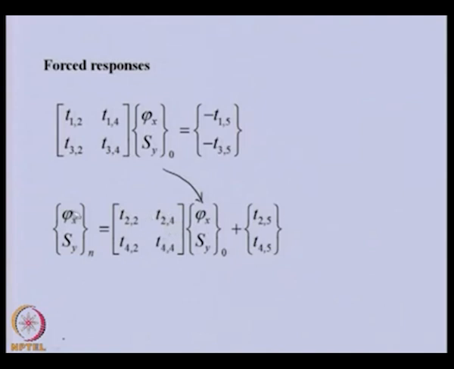So you can see that we can obtain these responses for various speeds, and we can plot the response with respect to speed, how they vary. So this is how we can analyze the forced vibration in the system.